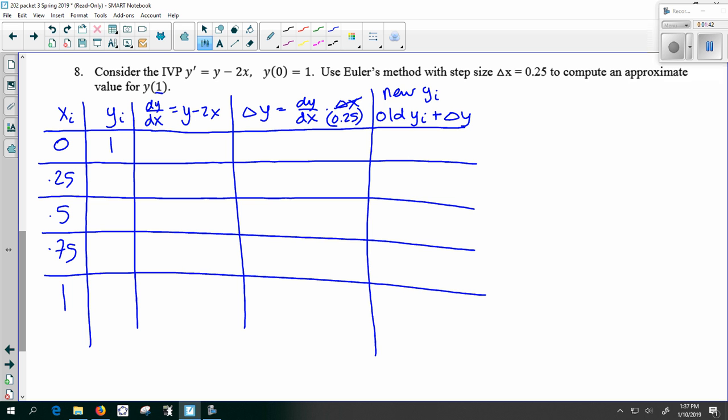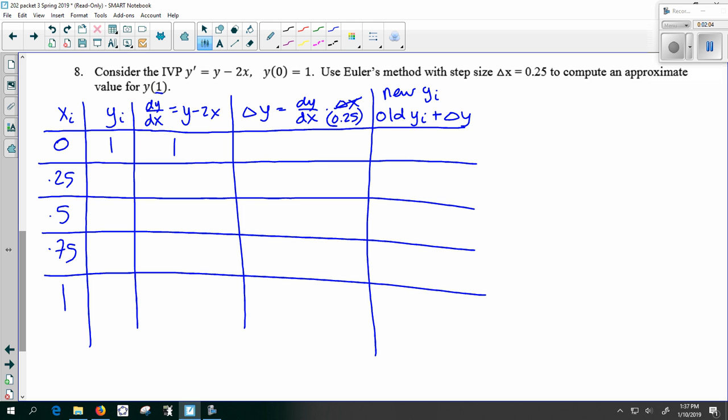All right, now I'm going to work my way across the first row. So my initial value is when x is 0, y is 1, and I'm going to calculate dy/dx based on those two values. y minus 2 times x. So y is 1, x is 0. So dy/dx is 1 minus 2 times 0, which is 1.